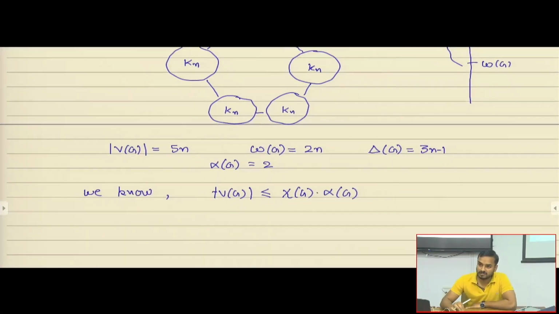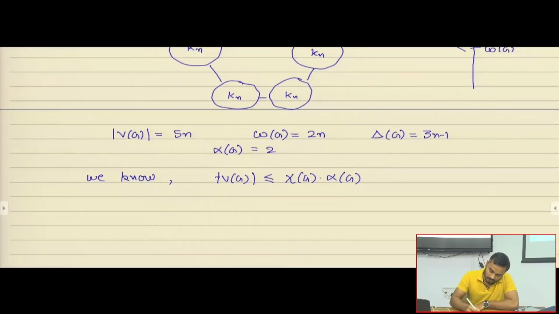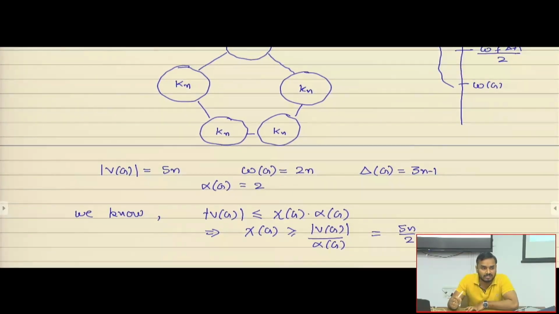This is a standard result, and by this we know that chi(G) is at least the cardinality of V(G) by alpha(G), and that will be 5n by 2. So the chromatic number of this lexicographic product is going to be at least 5n by 2. Now, if we can show that we can actually color this graph with 5n by 2 colors, then the chromatic number will be exactly 5n by 2.